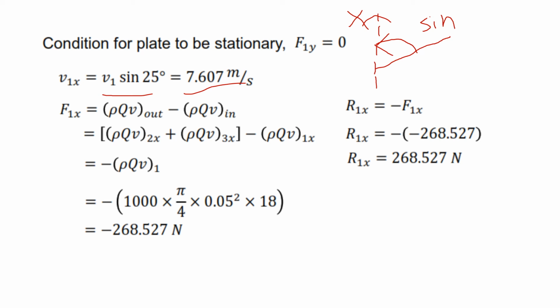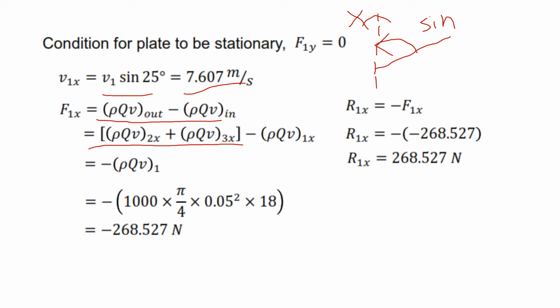And then we need to find the force for x direction. So we have out minus in. Out dia ada 2x plus 3x sebab dia ada dua direction kan. Dia resolve ke atas dan ke bawah.